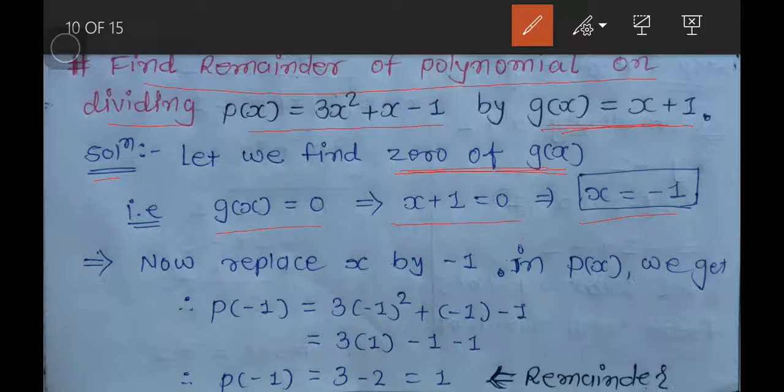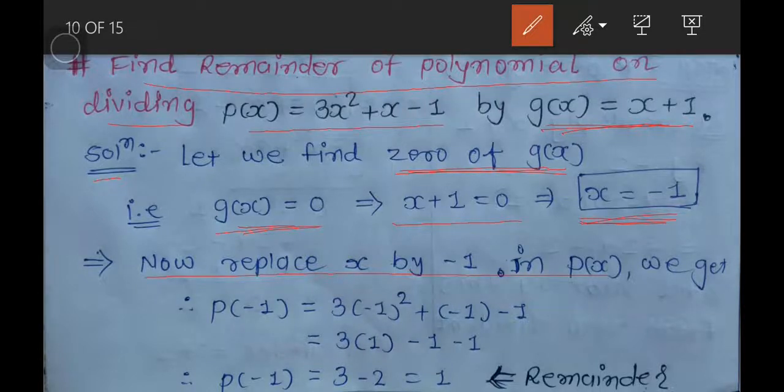What is the zero of any polynomial? It is the value of x that makes our polynomial equal to 0. So here x is equal to minus 1 is the zero of g of x. Now we want to find the remainder of our polynomial, so we replace x by minus 1 in p of x.